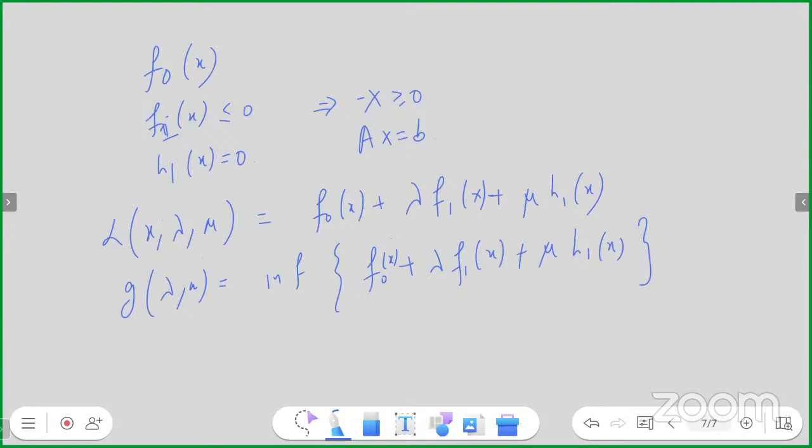So for this particular example, what will this be? The inf of f0 of x plus lambda times minus x plus mu times (Ax minus b). Okay.